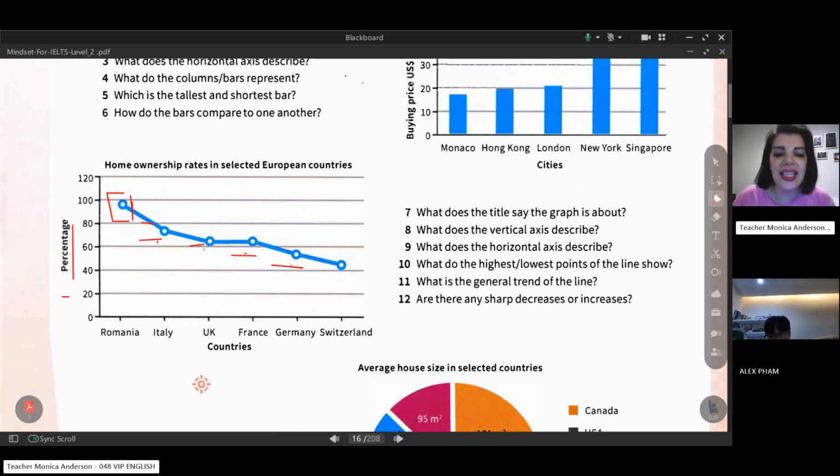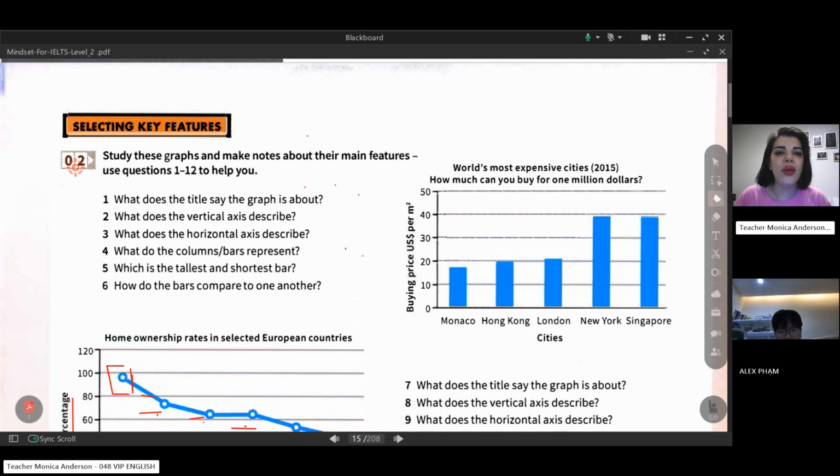So we can say that yes, Romania has a much higher percentage of home ownership, or home owners, than the other countries. Now let's keep going with this one.